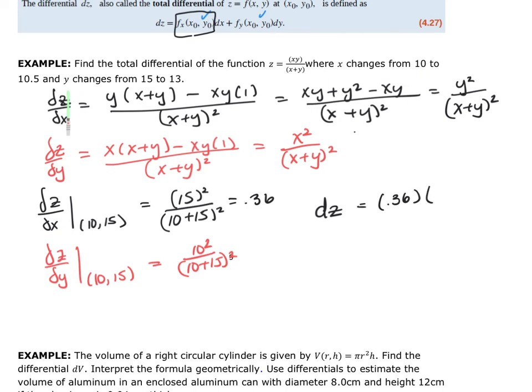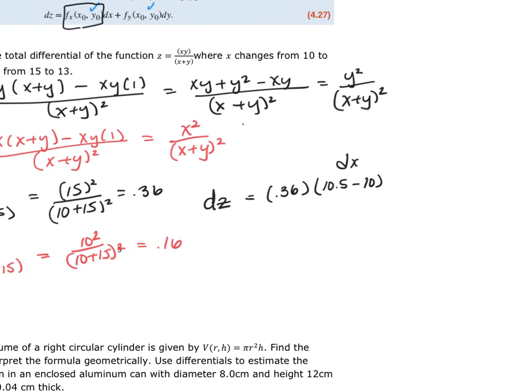Now this is the difference between them. I'm going from 10 to 10.5. This is my dx. This one I'm going to do the same thing. So I'm going to get 100 divided by 25 squared, and I get 0.16.